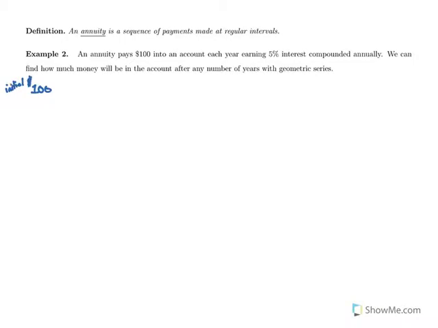The initial $100 we know after year N is going to be worth 100 times 1.05 to the N. That's based on what we did in the previous problem, because we know that any amount of money in the account is going to earn that much with this compound interest. So this is from the previous slide.